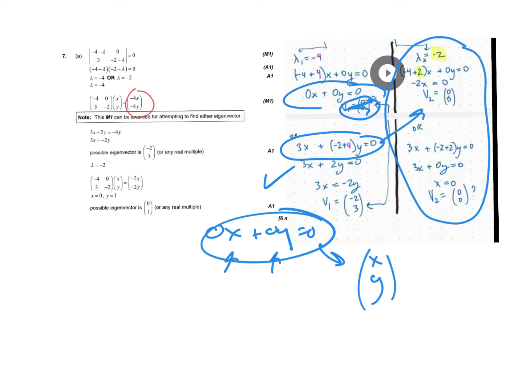So when you let lambda be -2, okay, so if lambda is -2, and if I go to the characteristic polynomial up here, I know I get -4 plus 2 and 0 and 3 and 0.